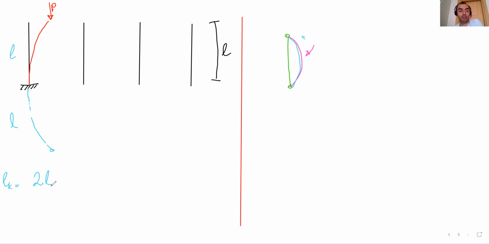If I complete this half arch to the complete total arch, I will get double L. Let's take a look at the second one. The second one is the same as the double hinged one.